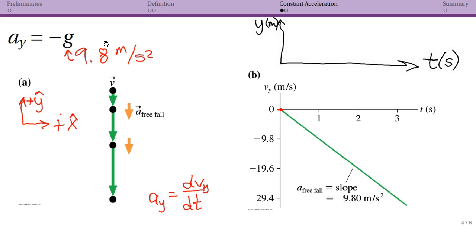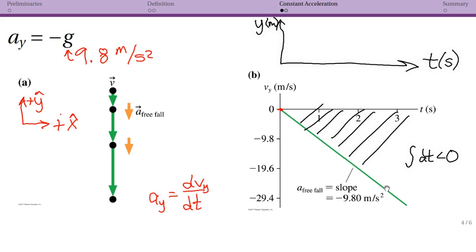So now note here that your integral is all negative, so the integral of v dt is less than 0. So you have a few choices. One choice would be to set this initial position here as 0, and then your position would be always negative. Another option would be that we could say that, for instance, this position here is y equals 0, and this is some initial y value.